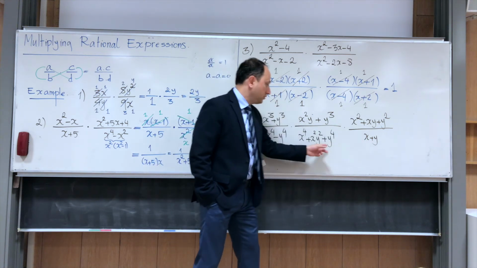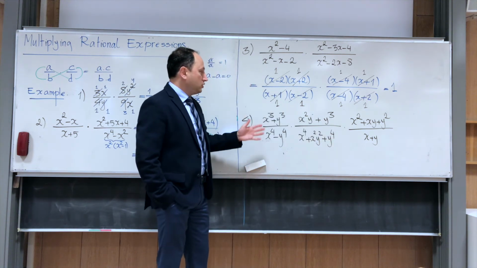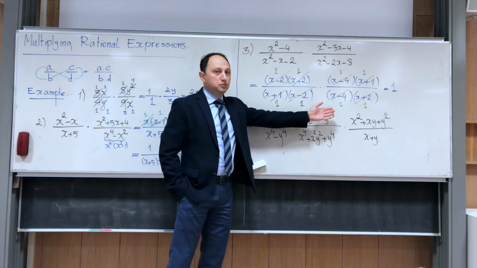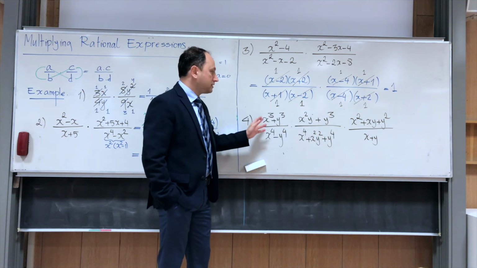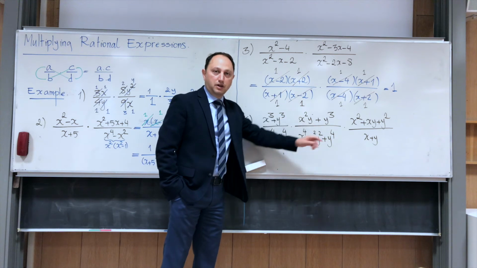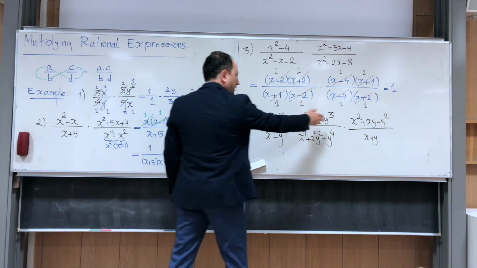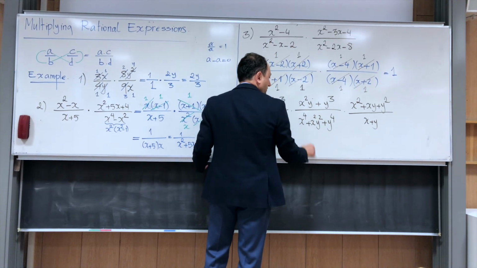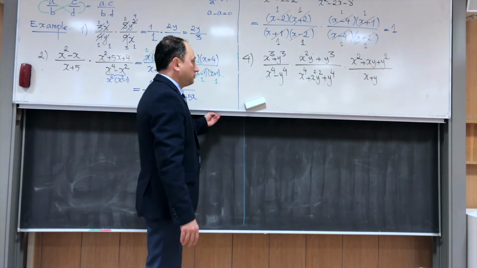Yes, these are 2 in the denominators. So I would say that you can simplify anything in the numerator by anything in the denominator, okay? It doesn't matter whether it is the denominator of the same expression or the denominator of the other expression. So that's the general rule. But because some of them need some calculation, if you don't mind, let me do them one by one, yes?